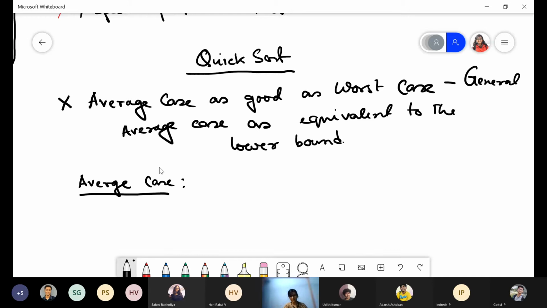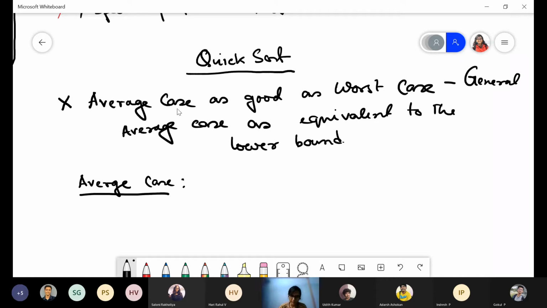If you have done that at least theoretically, then only you can claim that is your average case. Otherwise, that can be a general case or maybe some experimental case, but that is not the average case.